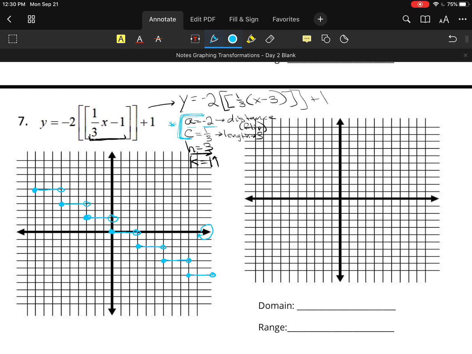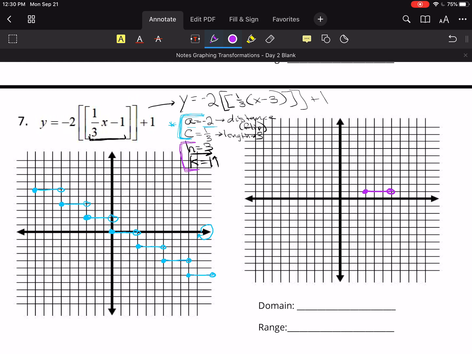All right. Now, my final step, and I'm going to do this on the other graph here. I want to go right 3 and up 1. So instead of at 0, 0, I'm going to go right 3 and up 1. Length of 1, 2, 3, open dot.